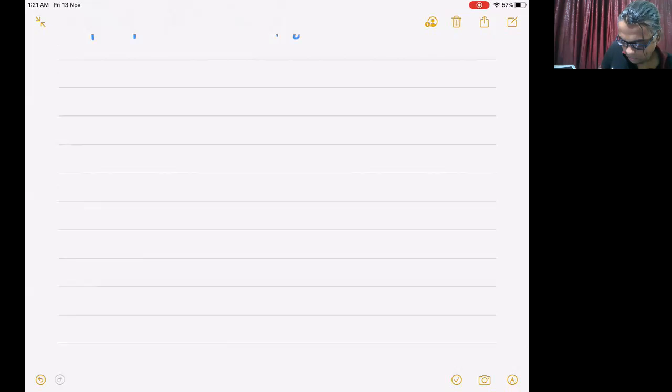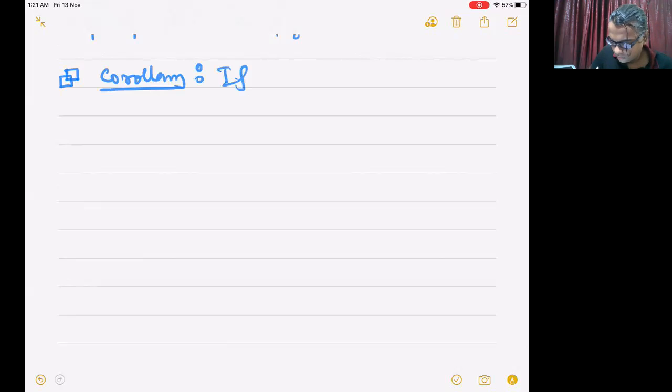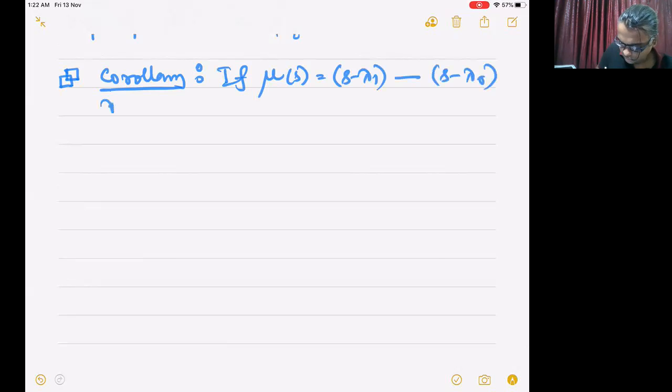Let us see a consequence of that, and then it will be easier for us to understand. A corollary first of this fact is that if mu, the minimal polynomial of A, is given by (s minus lambda 1) ... up to (s minus lambda r), where lambda i is not equal to lambda j for i not equal to j, that means these are all linear factors.